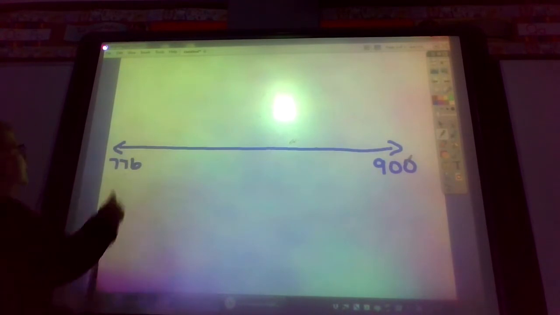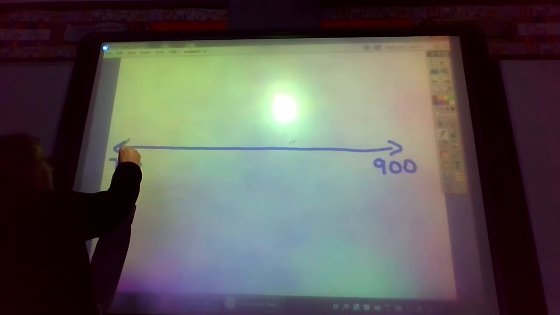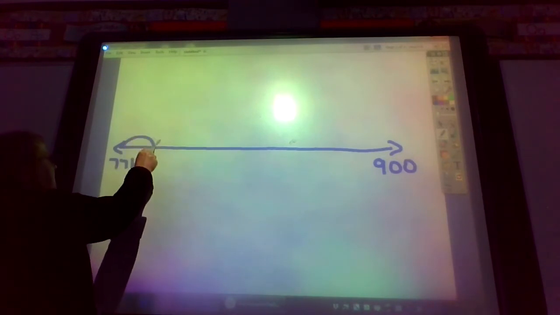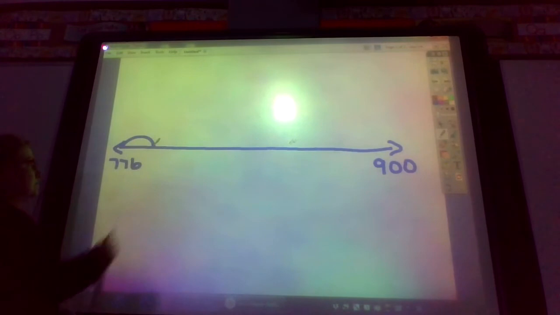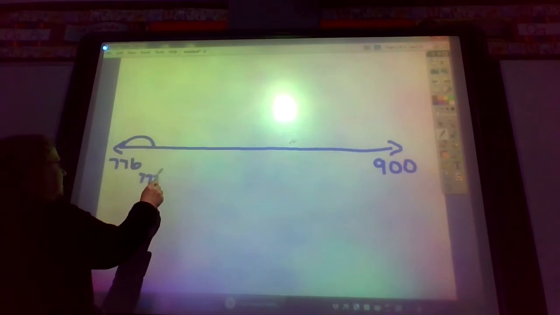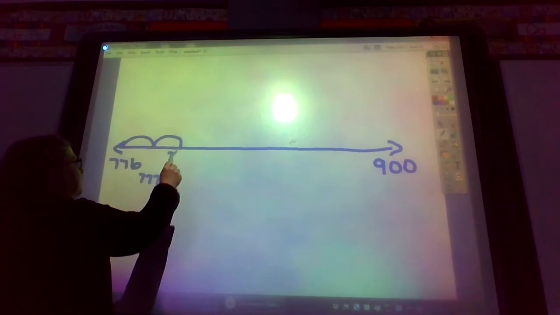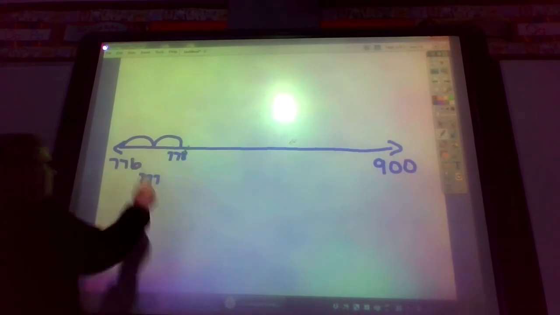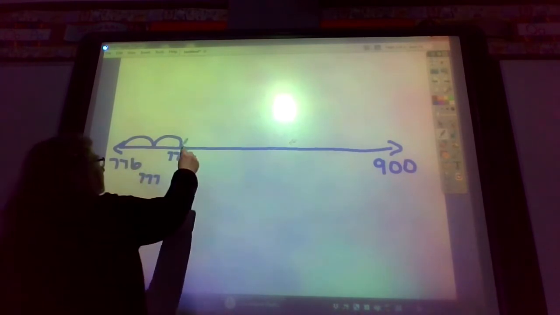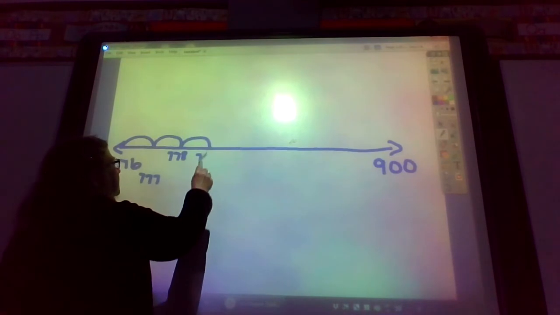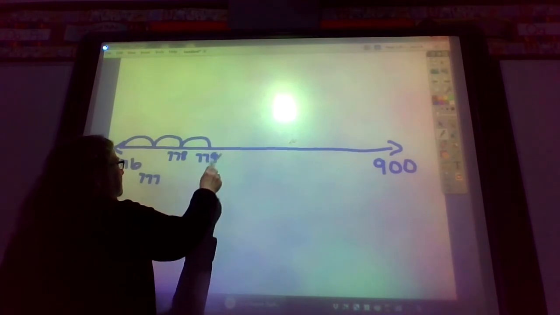Okay? I know that I'm going to go, this would be 777. This would be 778. And I'm moving them up and down so they're not so messy. 779.